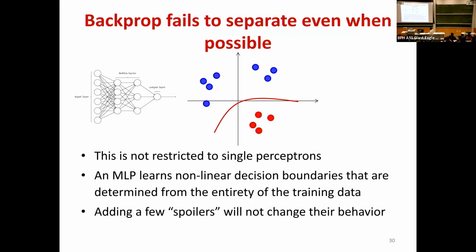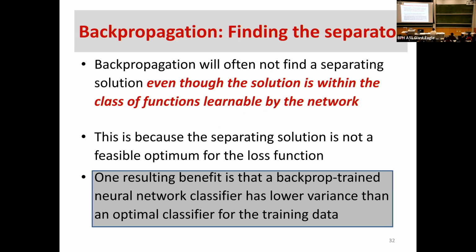And this extends even if your boundaries are nonlinear. Having one spoiler of this kind is not going to make the network change its mind completely. So backpropagation will not find a separating solution, even though the solution is within the class of functions learnable by the network, because the separating solution is not a feasible optimum. We're not saying that it cannot be implemented.